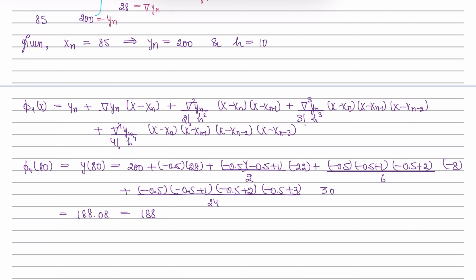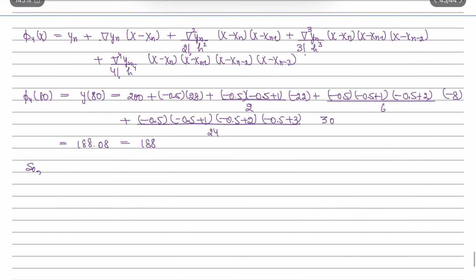So the number of students getting marks less than 80 are 188.